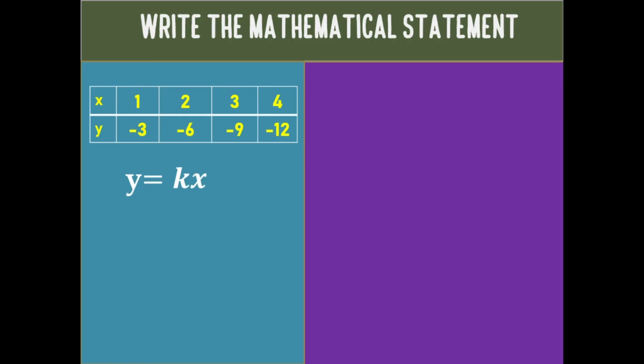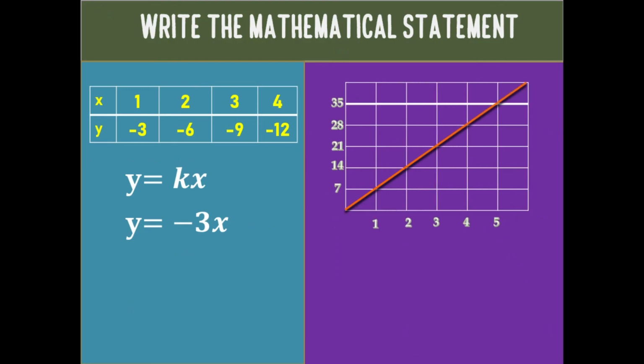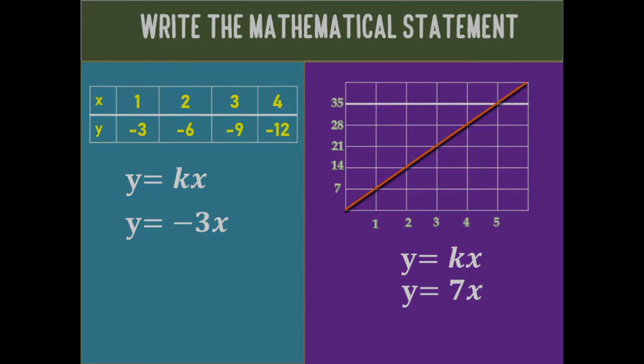To solve for K, we just divide Y by X, and it will give us Y equals negative 3x. In this graph, the constant of variation k is 7. Therefore, the mathematical statement is y equals 7x.